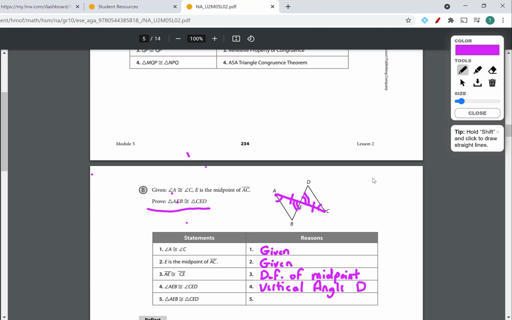You can say vertical angle definition. And now we have two sets of congruent angles and one set of congruent sides. The side is the included side that's in between the two angles. So these triangles, statement 5, triangle AEB is congruent to triangle CED by angle, side, angle.